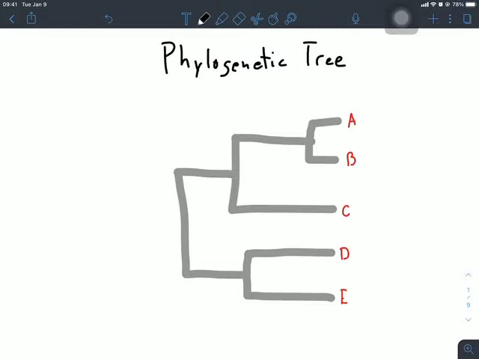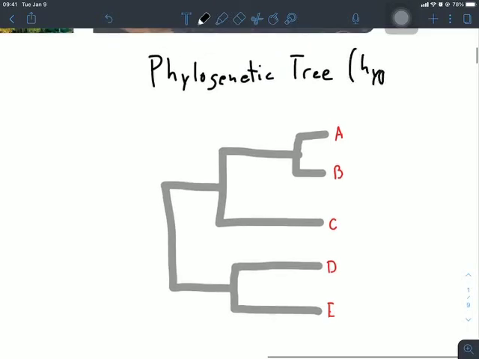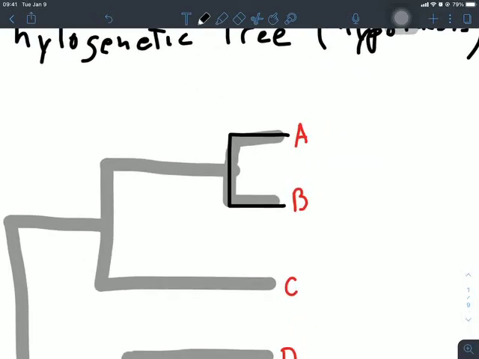And we have put forth this phylogenetic tree as a hypothesis for how they are related. This tree illustrates that A and B are most closely related to one another. They share an intersection of their branches together before they intersect with any of the branches of any of the other species.